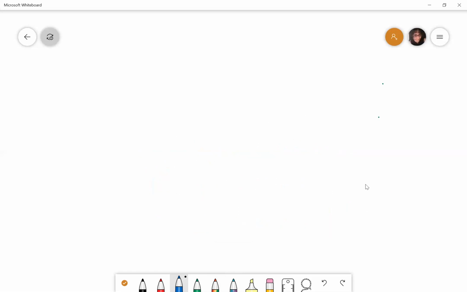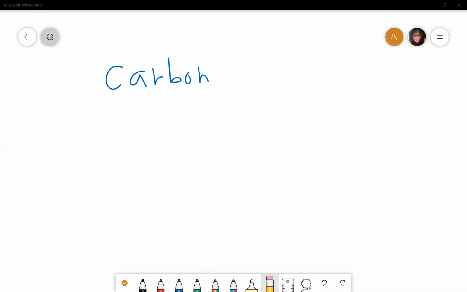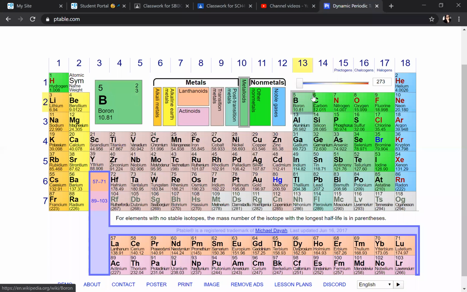Carbon on the periodic table is element number, well, I'll let you look that up. Or we can go to our periodic table briefly before I write down any information. So if we switch over to the P table, you can see that's element number 6.